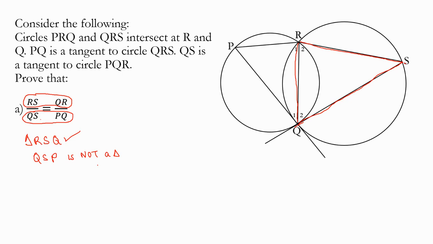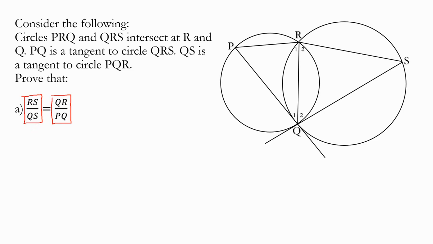Now the other way of checking: you move from top to bottom. We have RSQ.